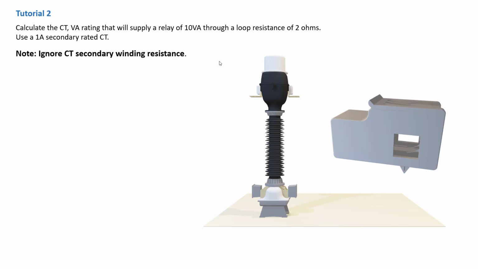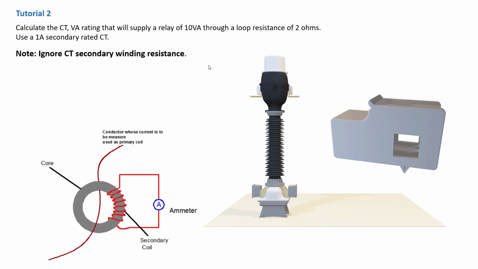This is tutorial 2 in our series on current transformer calculations, or instrument transformers. As you can see on our screen, we have this black one here, which is a high voltage transformer. Those are normally found in distribution or transmission substations for measurement purposes.